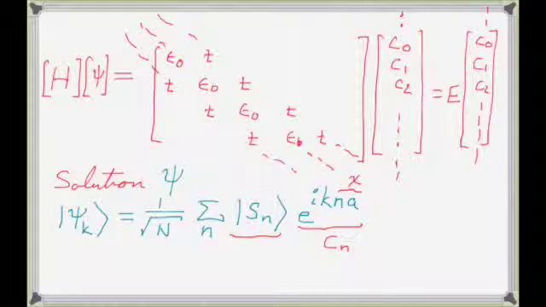Okay, so we put this form, so these are our c's, right? These are our c_n's that we're going to put in our column vector. And then we're going to multiply this column vector times this matrix. And every row of this matrix is identical, just shifted over by 1: t, epsilon 0, t.